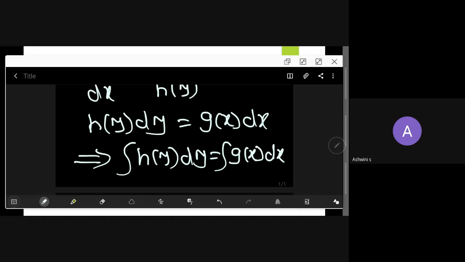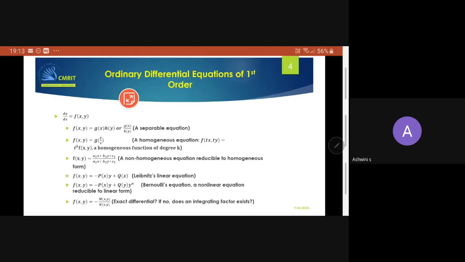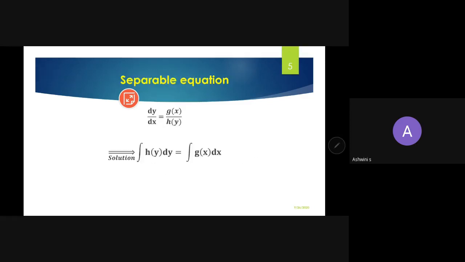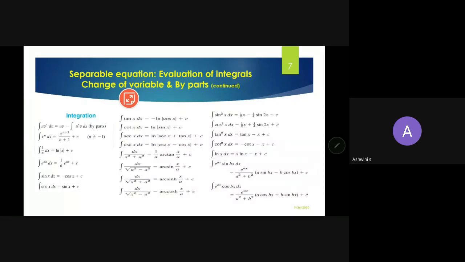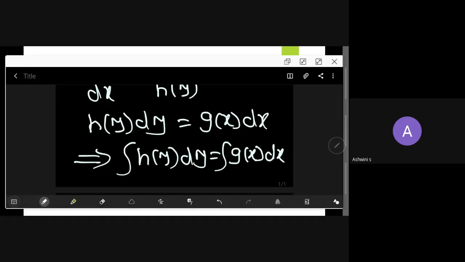To evaluate both sides, we can make use of the integration formulae as well as the differentiation formulae. How can it be done?